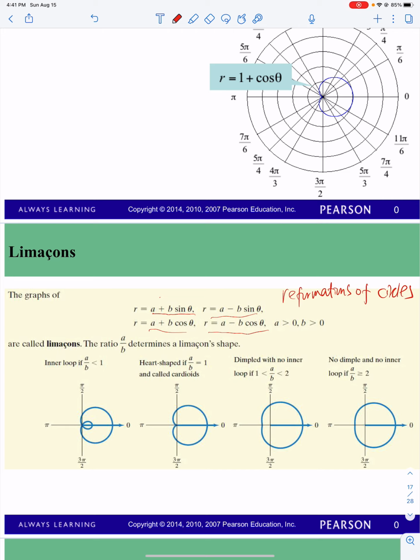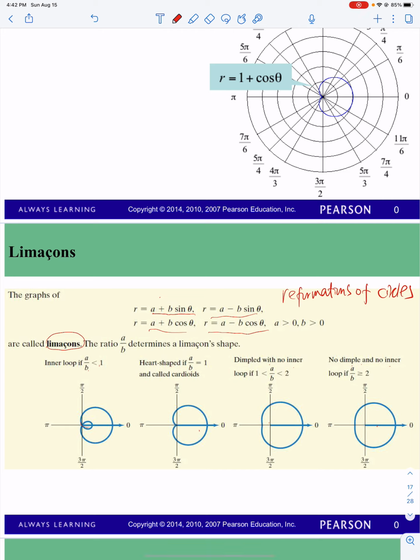But if you have a plus b sine, a plus b cosine, that will be squeezed circles, and in some parts it's not round. If a over b is less than 1, these are also called limacons. It will look like this: heart-shaped, dimpled, with no inner loop. No dimple and no inner loop.